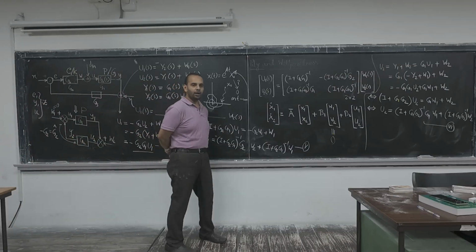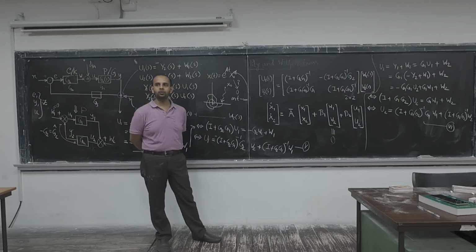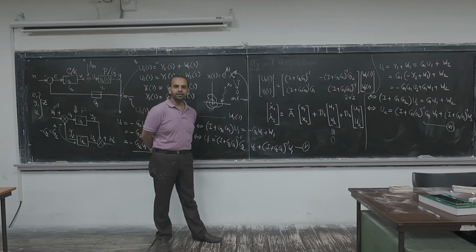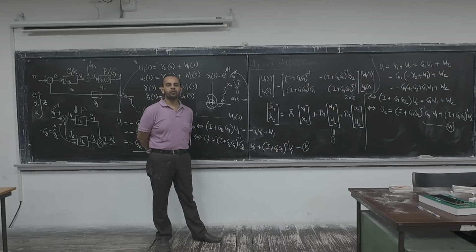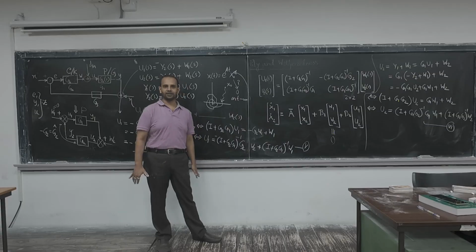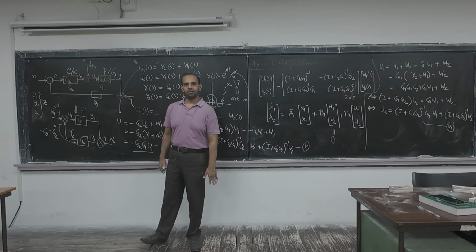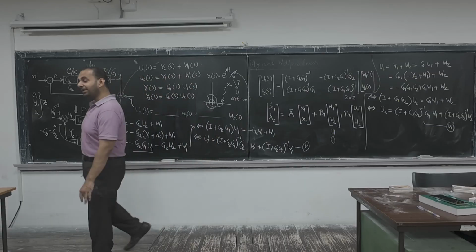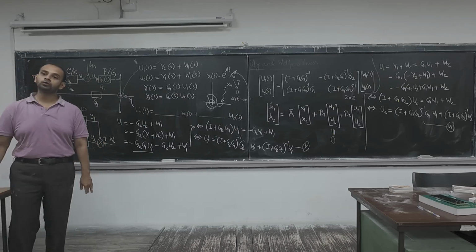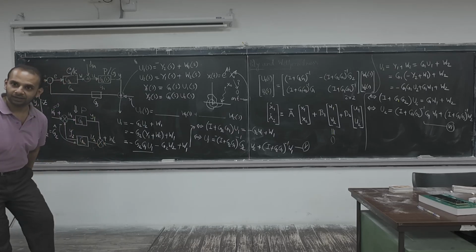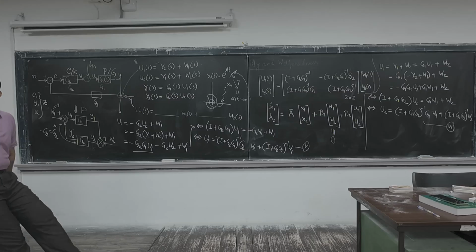Actually, if you assume that both G1 and G2 belong to RH infinity, then you cannot deal with unstable systems, right? So that's why we cannot simply assume that G1 and G2 both of them will belong to RH infinity. Can I say that G1 multiplied by G2 belongs to RH infinity? That too is not.